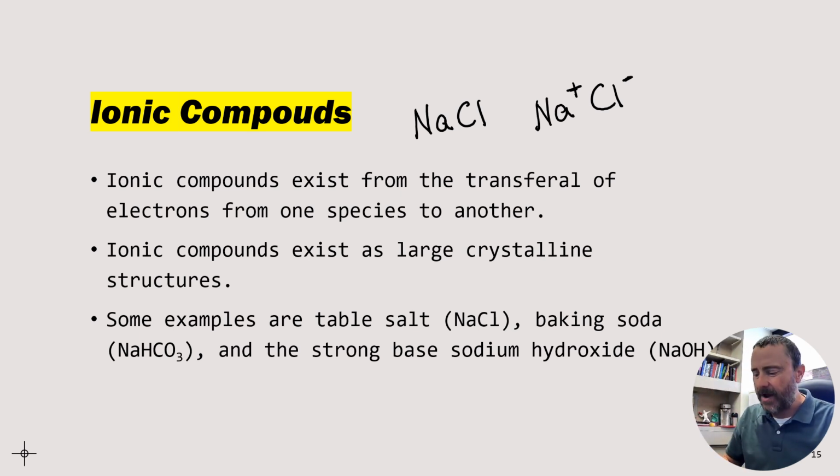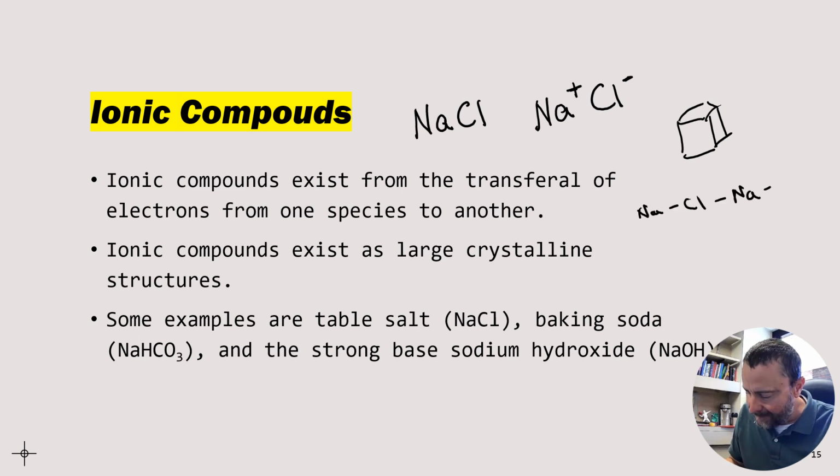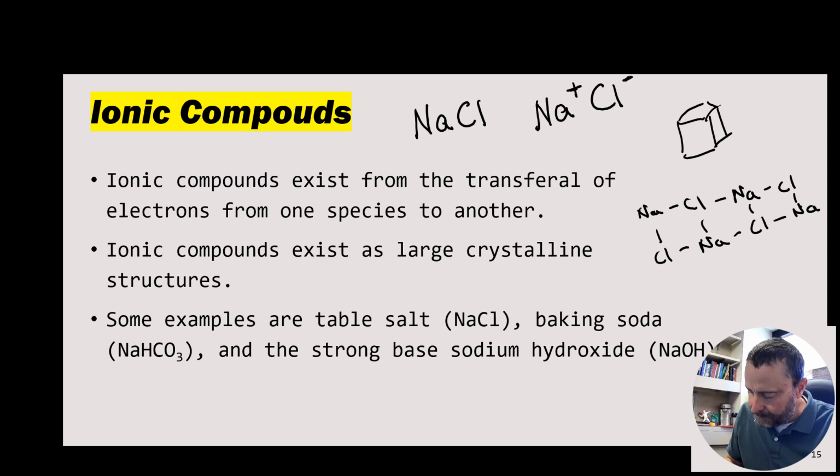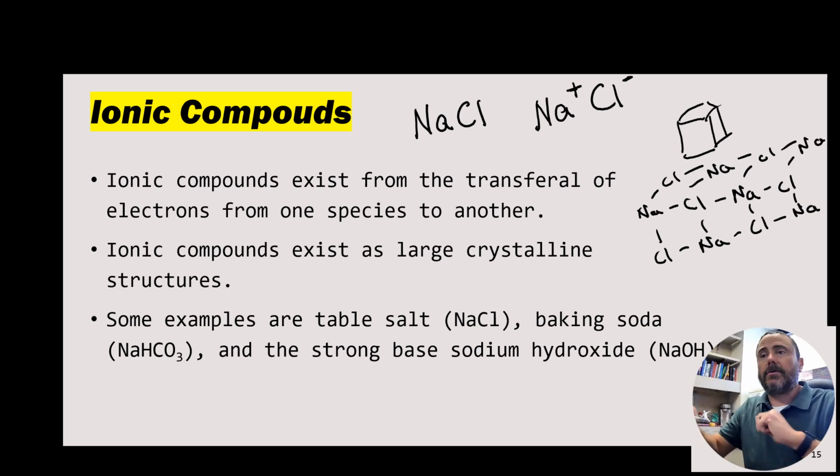If you look closely at salt, it looks like a little crystal, because what it really is is a three-dimensional crystal of those ions going back and forth and back and forth.